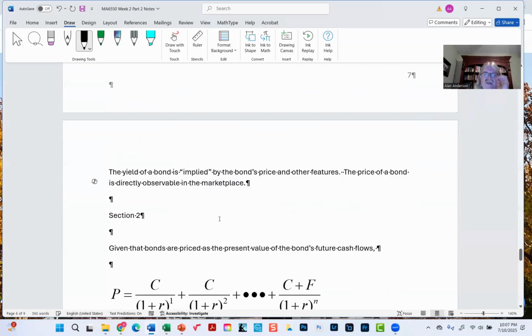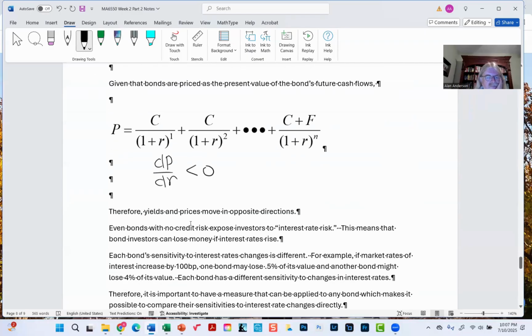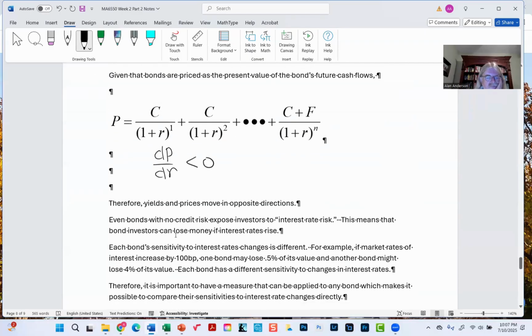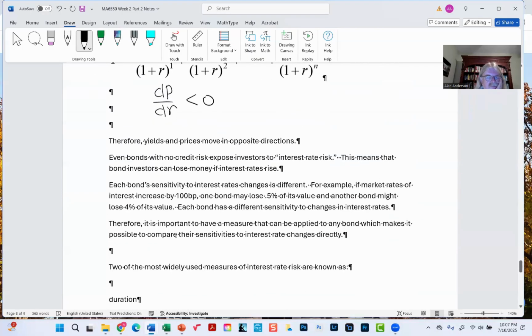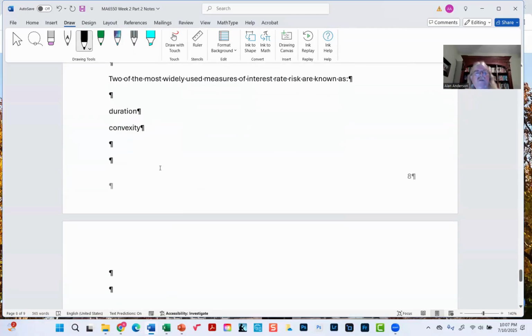All right, it looks good now. I don't know how that happened, but there we are.